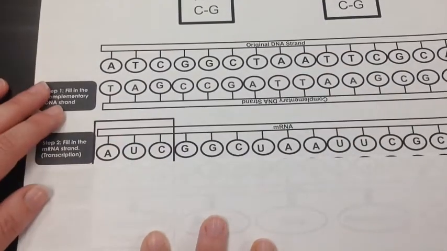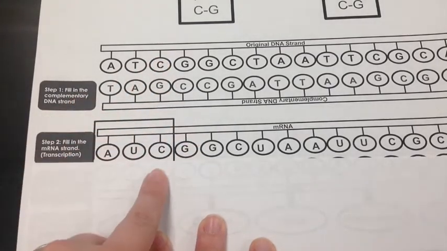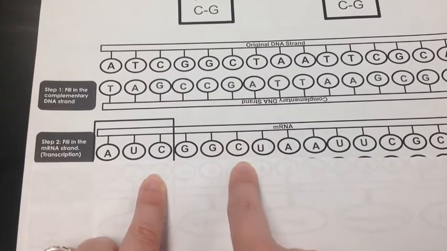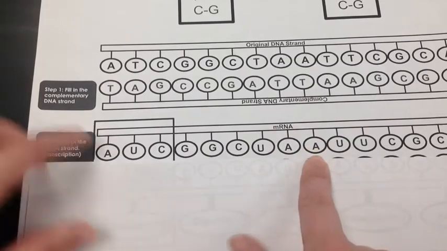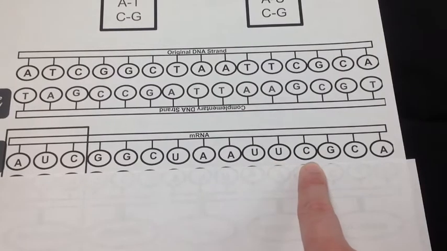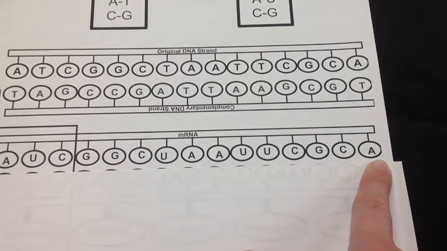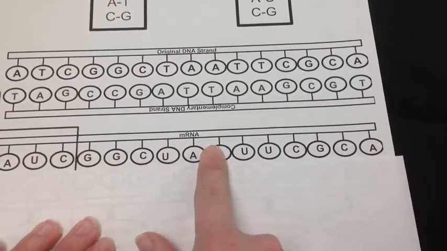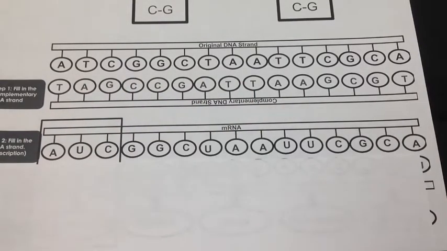Your transcribed RNA should read A, U, C, G, G, C, U, A, U, U, C, G, C, A. Now, using this code, we're going to look at our codon charts to determine what amino acids.